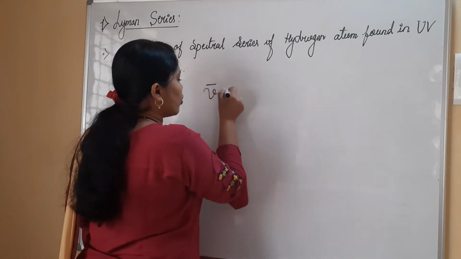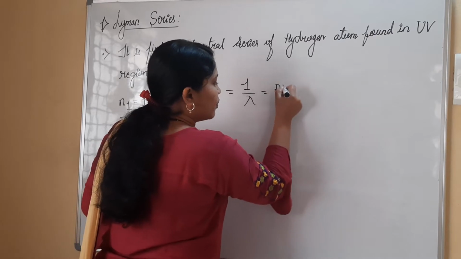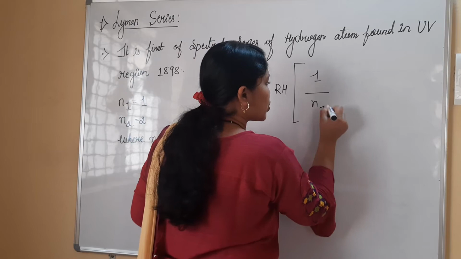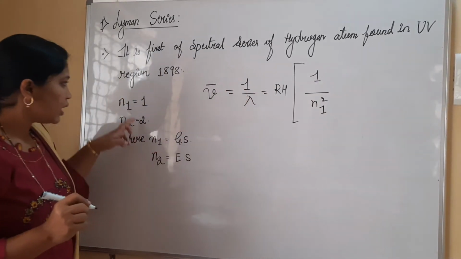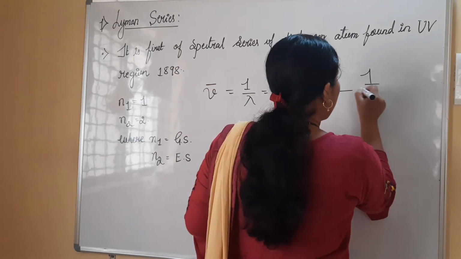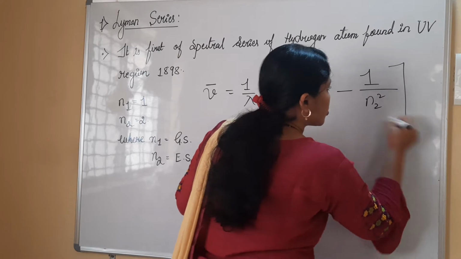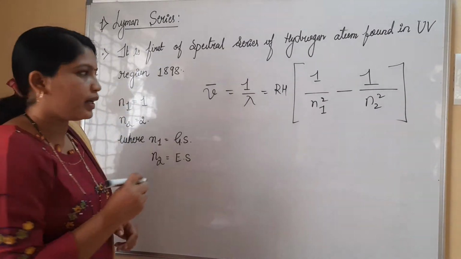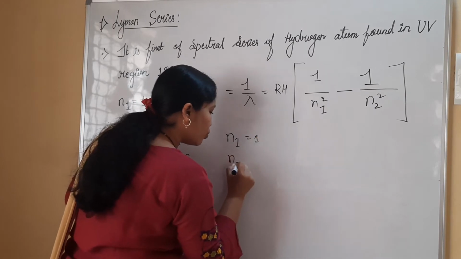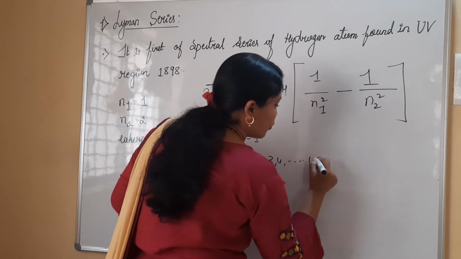Nu bar equals, that is nothing but 1 by lambda, or it is also given by Rydberg's constant times 1 by n1 square, I am writing here because n1 is 1, minus 1 by n2 square. This was the equation. Now I could write here that n1 is 1, and n2 value will be 2, 3, 4 and so on up to infinity.